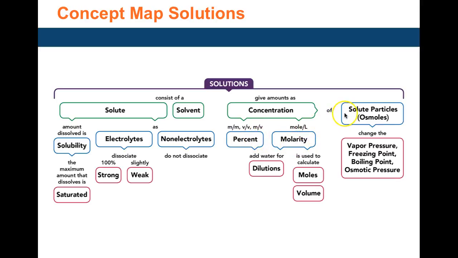Then we talked about the colligative properties of vapor pressure, freezing point, boiling point, and osmotic pressure, when we dealt finally with osmosis, defined what osmosis is, looking at the semi-permeable membranes, and especially looking at how osmosis applied to the RBC, red blood cells. Okay, so that's the end of chapter 9.